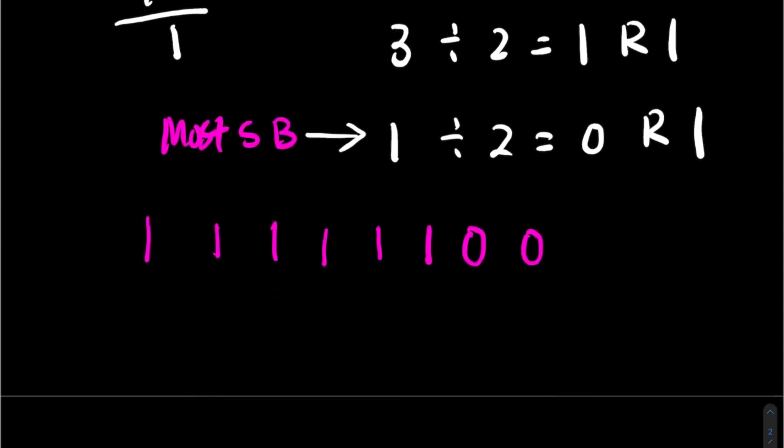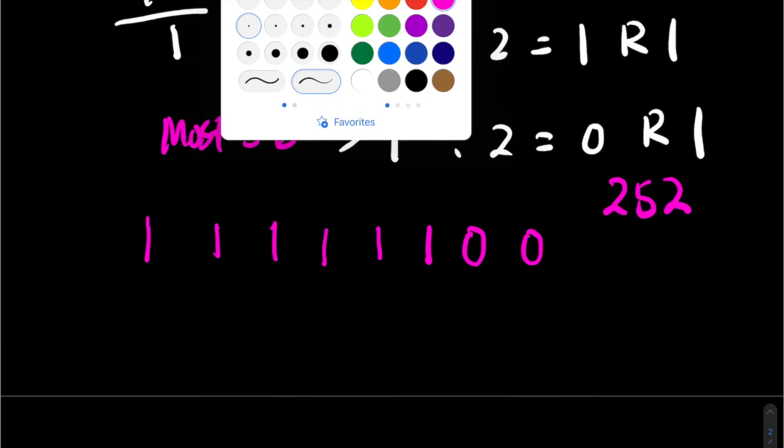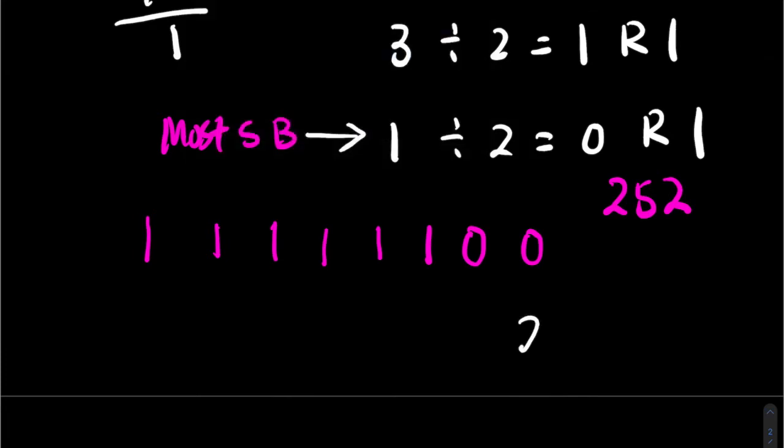So now let's do a test, see if we got this number right or not. This is the binary number of 252, but we want to make sure that we got this number right. So now let's revert this binary number into a decimal number. So this is how you do it. It's 2 to the 0, 2 to the 1, 2 to the 2, 3, 4.